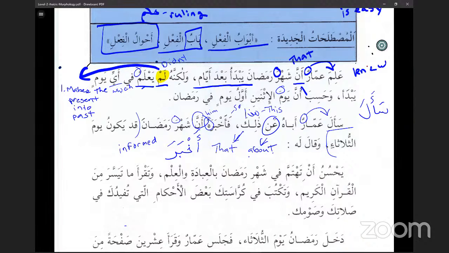Because Yom al-Ahad is Sunday, Yom al-Ithnain is Monday, and Yom al-Thulatha is Tuesday. So he informed his son that it might be Tuesday. Then we have here, and he said to him, and we'll cover the rest tomorrow, inshallah ta'ala.